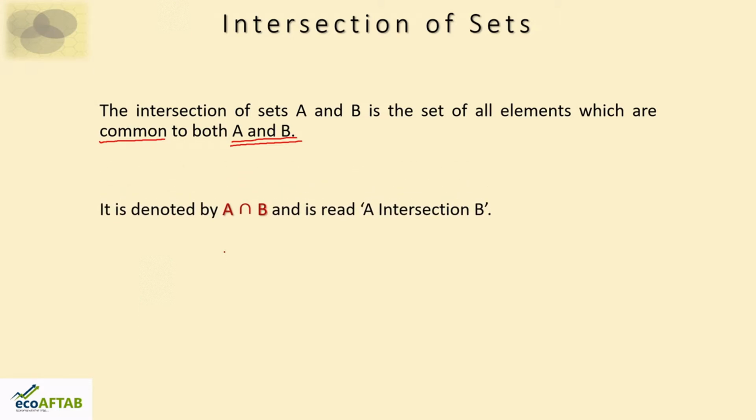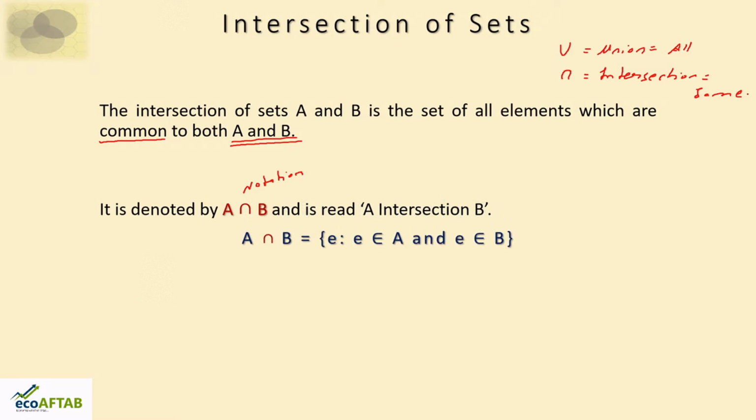It is denoted by inverted U. This is the notation for intersection. If this notation is for union, then this notation is for intersection. What does union say? It says all elements. What does intersection say? Same elements. That is the difference.